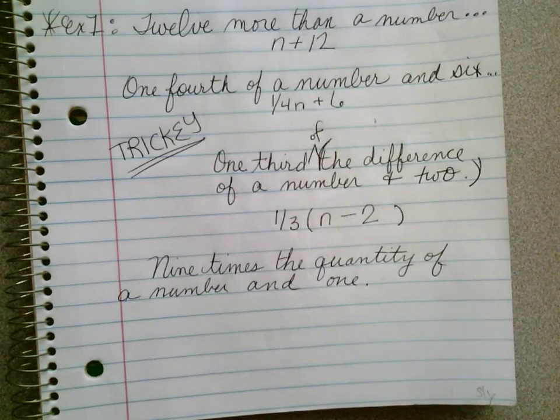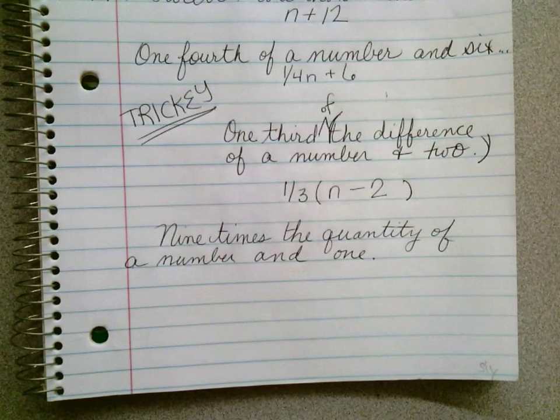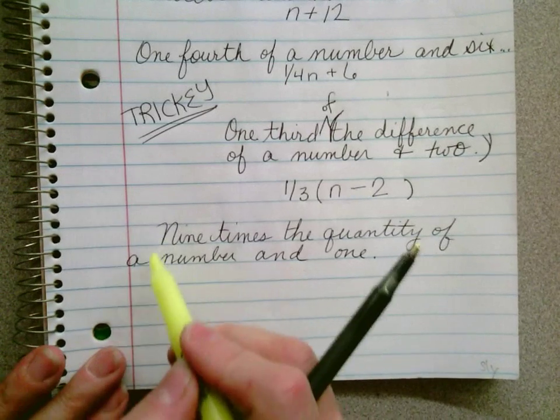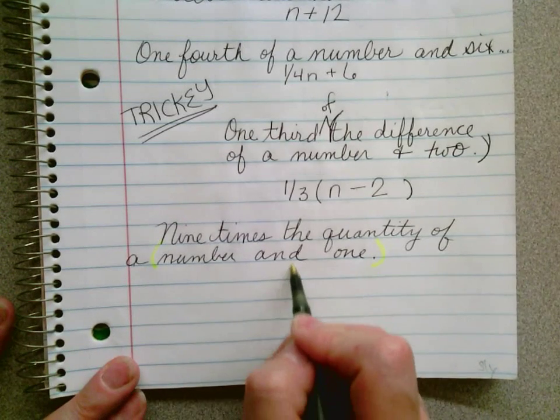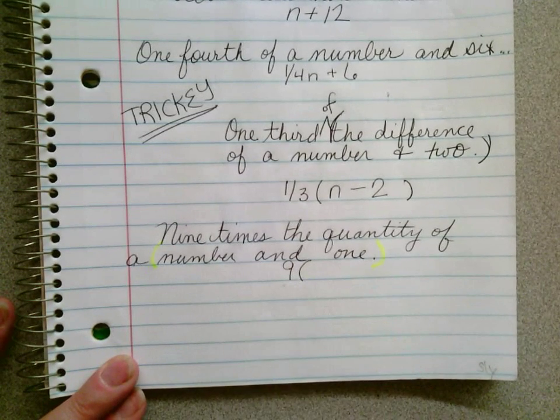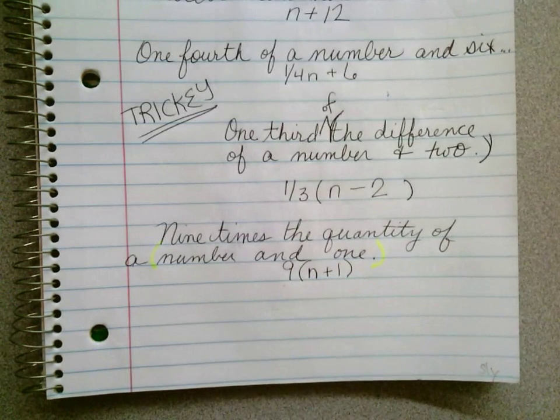There's another tricky word. The quantity of, that's telling you you need to know what a number and 1 is. A number and 1. So 9 times the quantity, a number and 1. Okay? That's the end of the real tricky business that you're going to see, honestly.